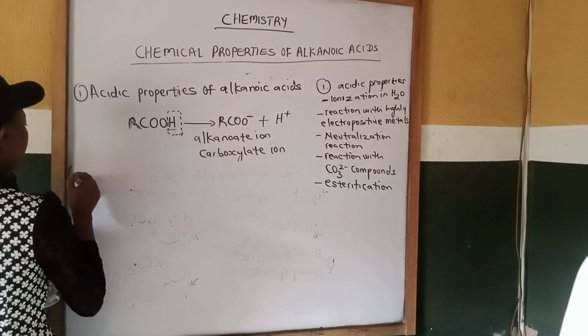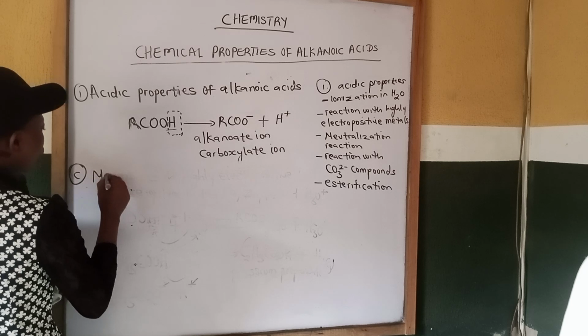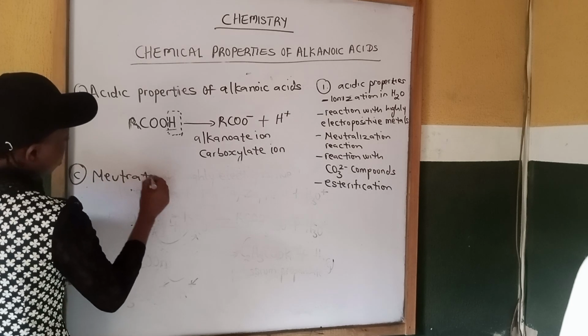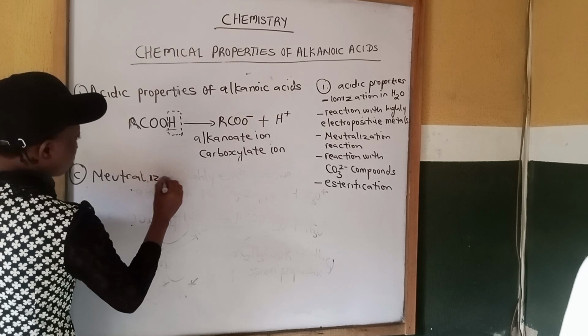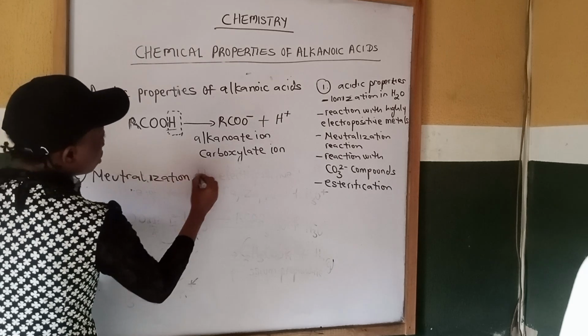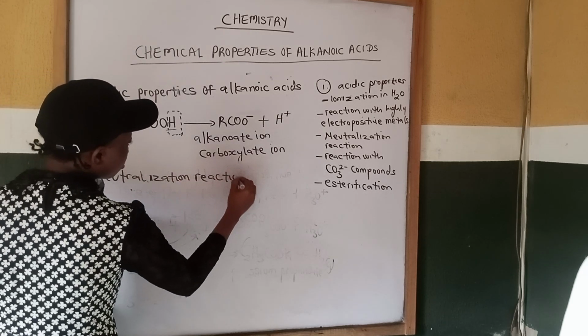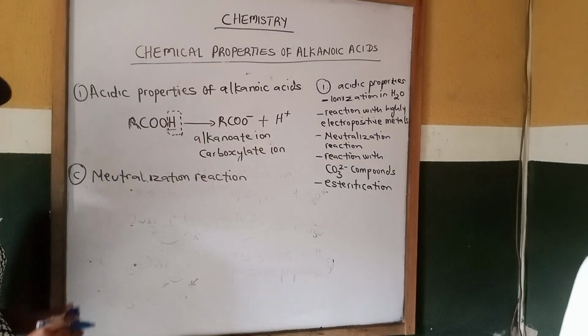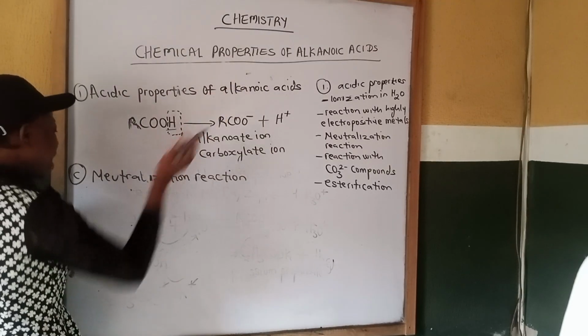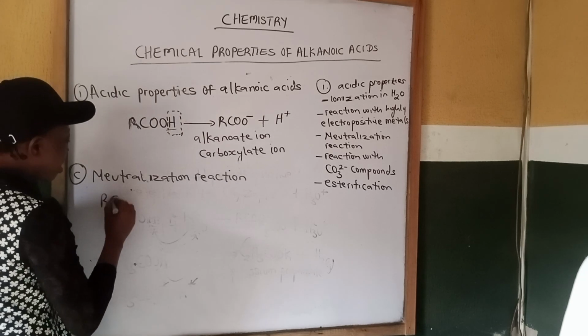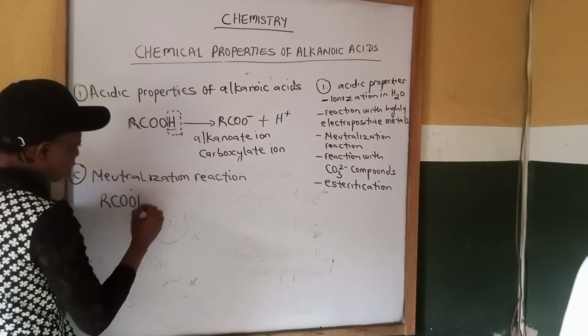C is neutralization reaction. That is a reaction between acid and base. What are we talking about here now? Organic acid, which is an alkanoic acid, RCOOH.